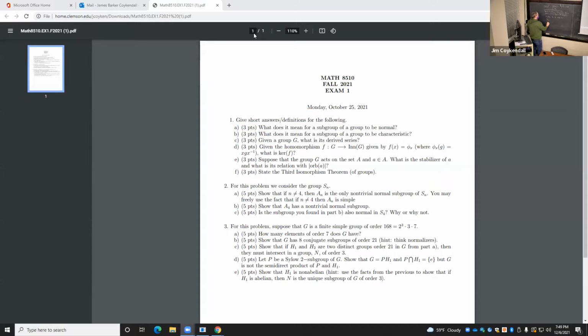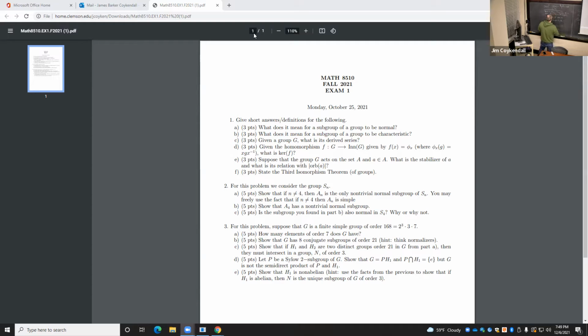The normalizer in G of N has to contain all of the conjugates. Actually, H1 and H2, because it could be a different one here.